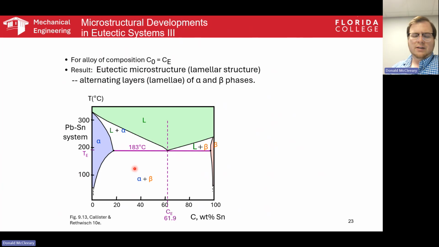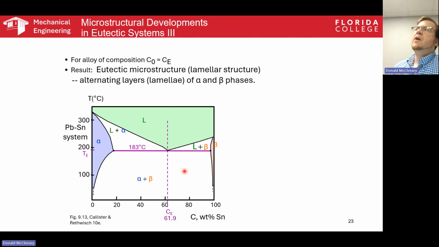Otherwise, on the alpha side, we end up getting the same perlite structure that you would see here, but with additional alpha phase blobs or globules, as I call them. And then if we're on this side of the eutectic point, then we're going to have the same perlite structure, but with beta phase globules.